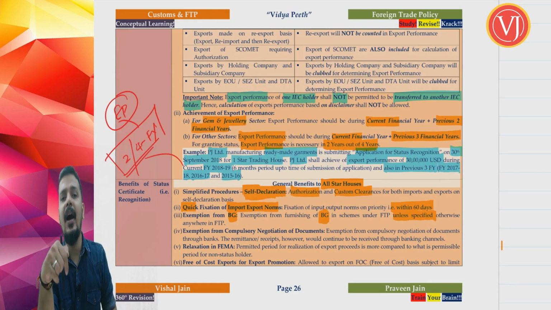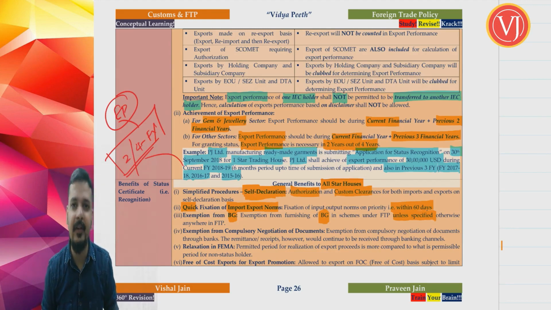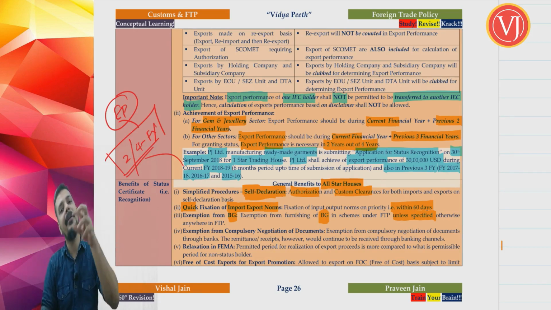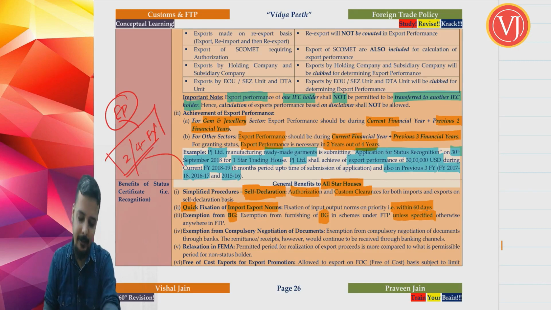But star houses are not going to give any bank guarantee. Other exporters give bank guarantee to ensure that they are going to reach their export obligations. These exporters don't give any bank guarantee because government trusts them. They have already proved their mettle. They have already proved that they are big exporters. So they are not required to give any bank guarantee.